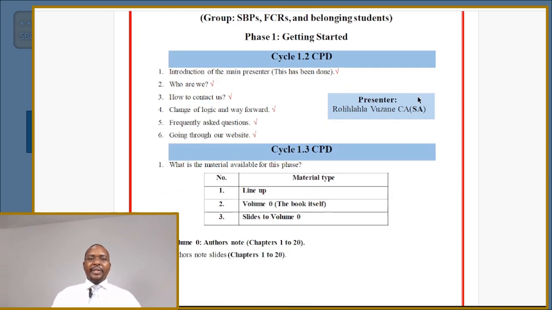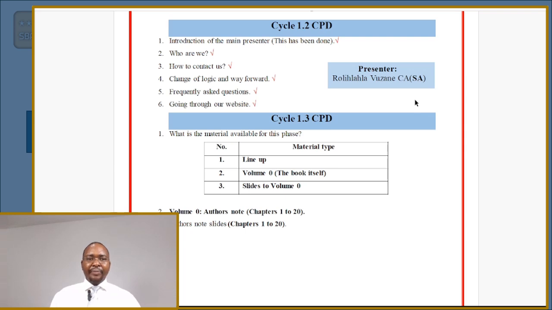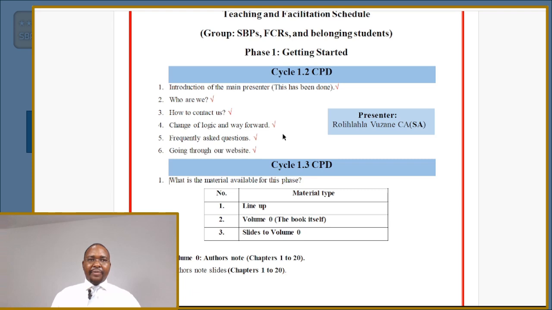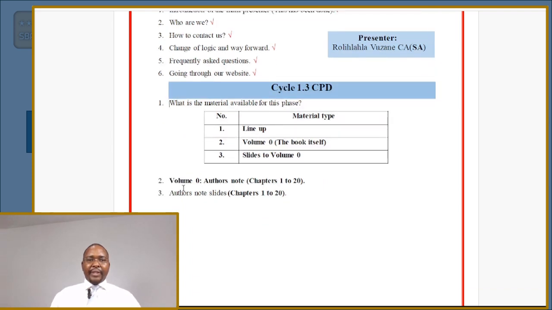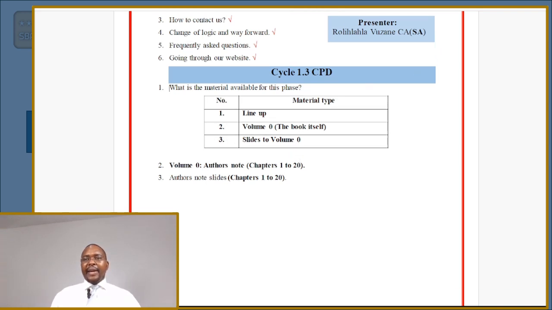Now, in CPD 1.3, you will be interested to know what material is available for this CPD phase. So we've got the lineup, this document that is in front of you. Then we've got the author's note, the book itself. Then we've got the slides that we are going to be dealing with.